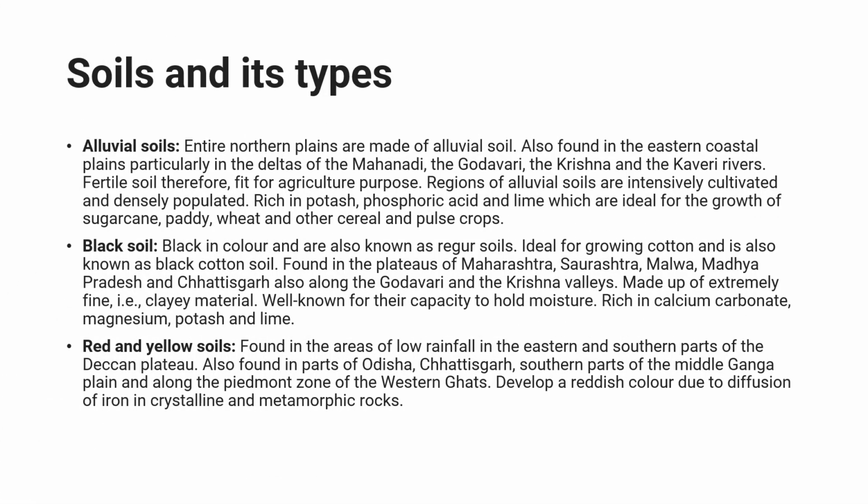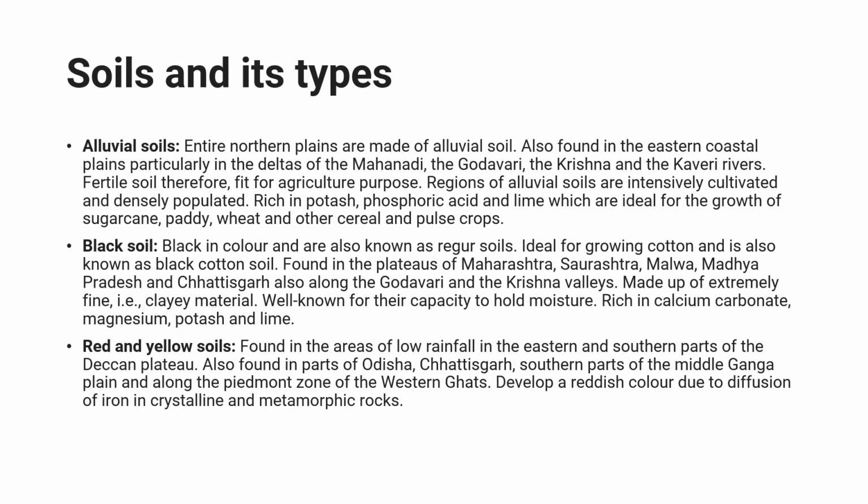Now let's look at the soils and their types. First is alluvial soil. The entire northern plains are made up of alluvial soil. It is also found in the eastern coastal plains, particularly in the deltas of the Mahanadi, the Godavari, the Krishna, and the Kaveri rivers.